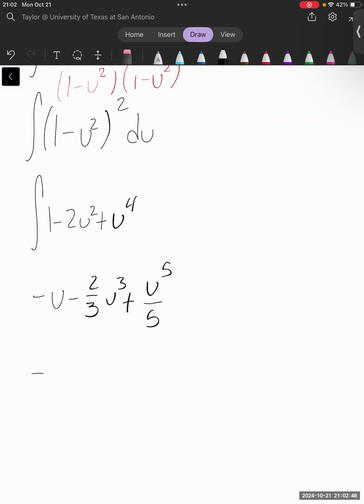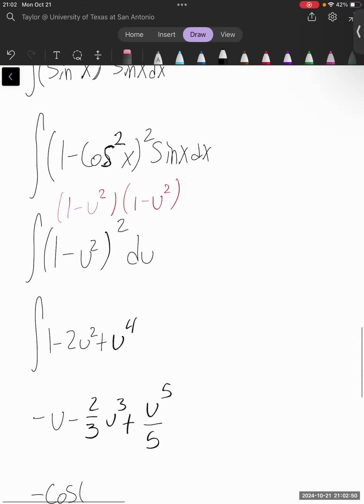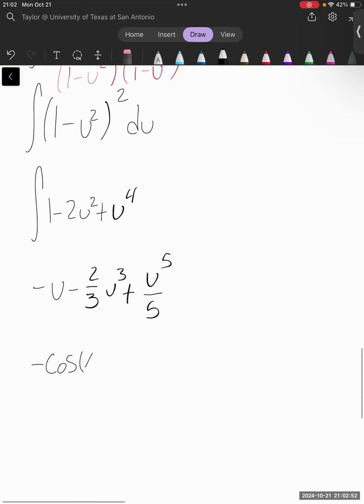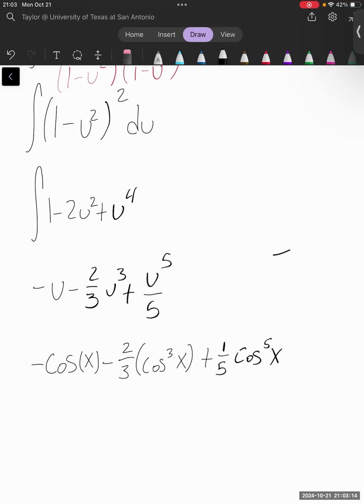So now we get negative cosine x minus 2/3 cosine cubed x plus 1/5 cosine to the 5th x plus c.